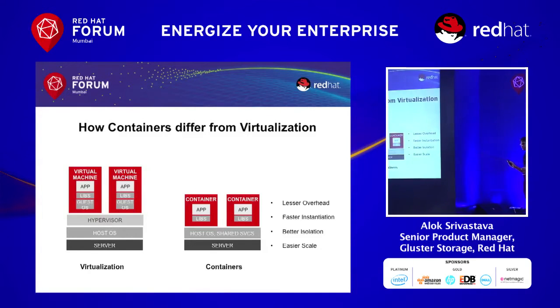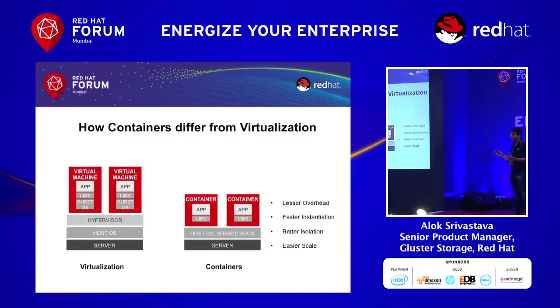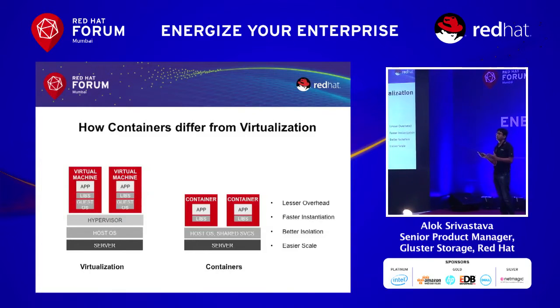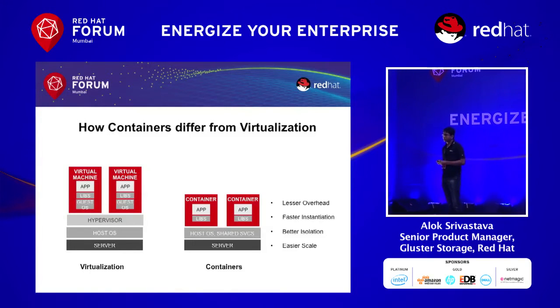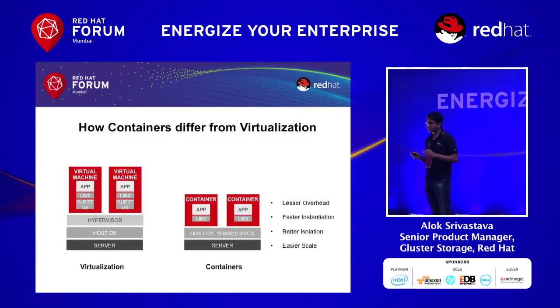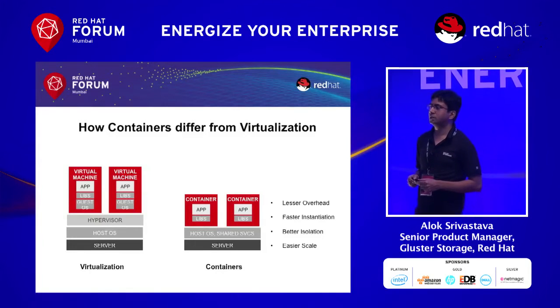What control groups do is a kind of quality of service for every container, so you can assign dedicated resources for every application, depending on what resources are required by any application which has to be containerized. So C groups take care of the resource consumption part.